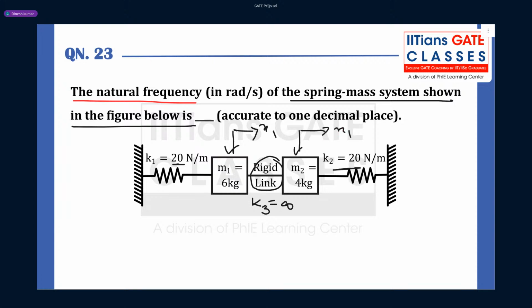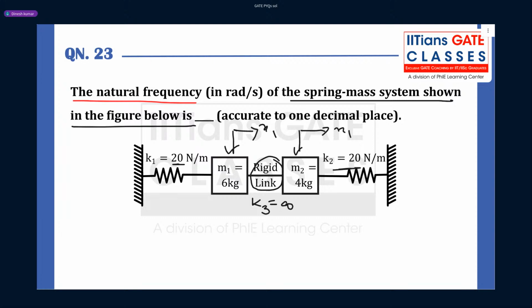So now you can see we need only 1 degree of freedom. Amit, stiffness K is infinite, not 0. For a rigid link, stiffness will be infinite, so there is no deformation.